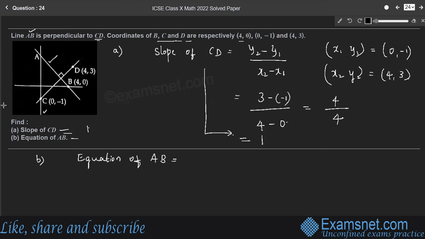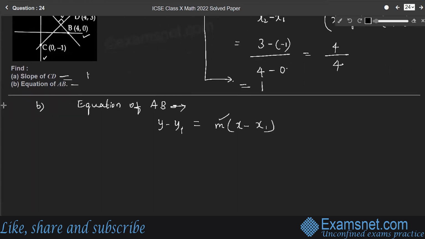Here the coordinates of B are given, so let us consider x, y as the coordinates of A. The equation says y minus y1 is equal to m into x minus x1. Here what is m? Let us calculate m. Here two lines, AB and CD, are perpendicular to each other, so we'll consider that. AB is perpendicular to CD.